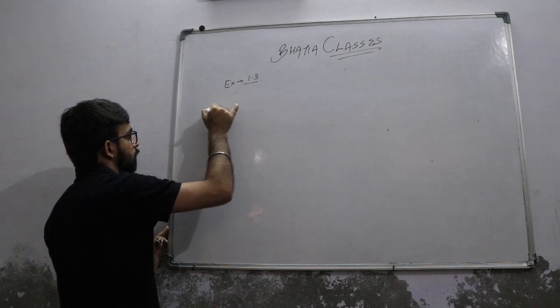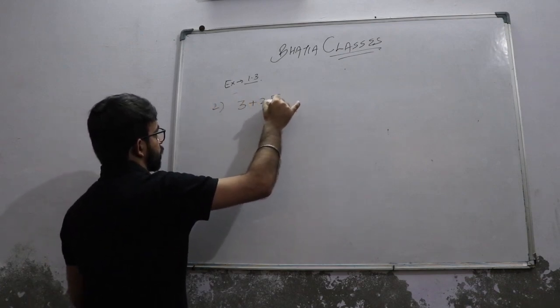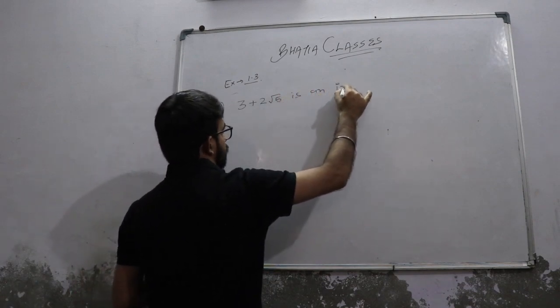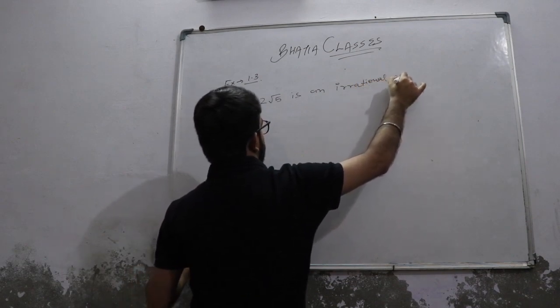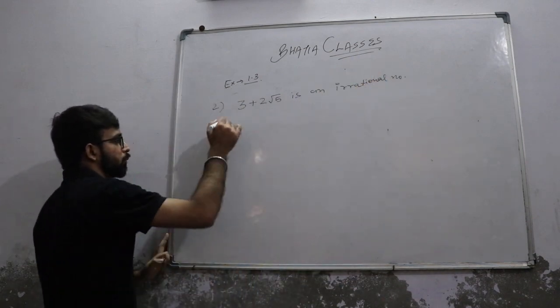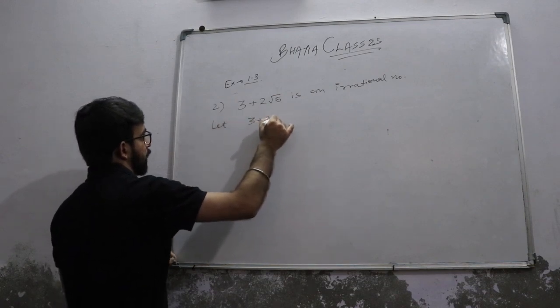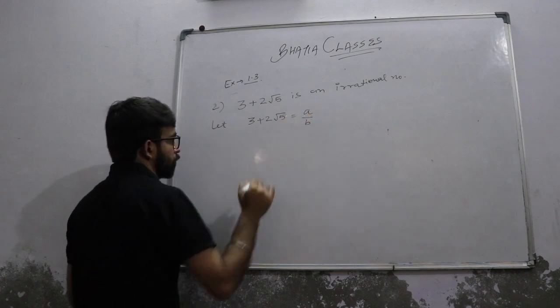Second example, prove that 3 plus 2 root 5 is an irrational number. Let 3 plus 2 root 5 be equal to a by b.